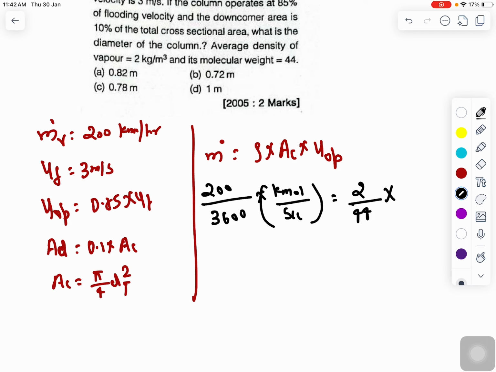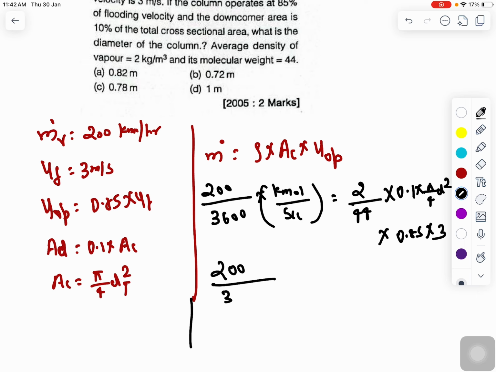Multiplied with the area of cross section, which is 0.1 multiplied with pi by 4 d square, and again the velocity is equal to 0.85 multiplied with your flooding velocity, 3. So when we do this calculation, you are supposed to calculate the diameter of the column here. This is just simple mathematics. From here you can calculate the diameter of the column.